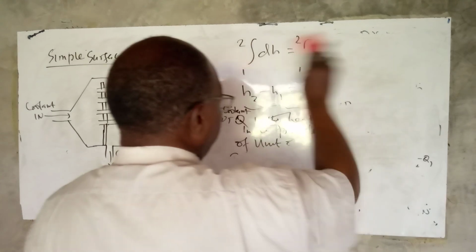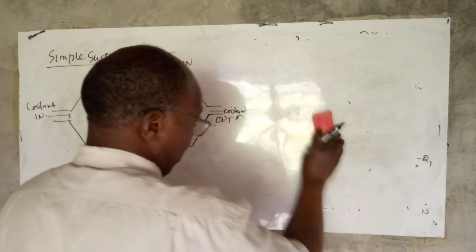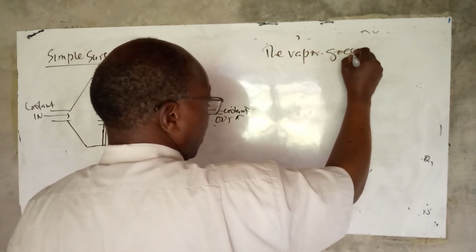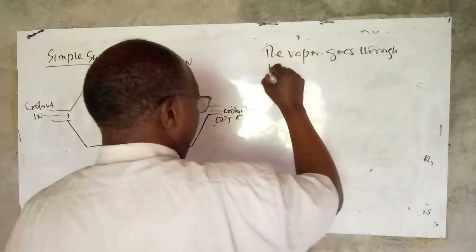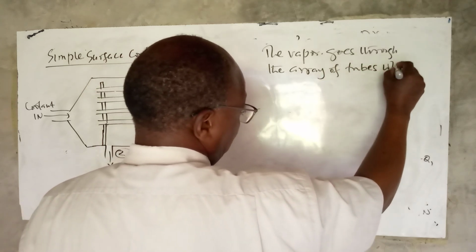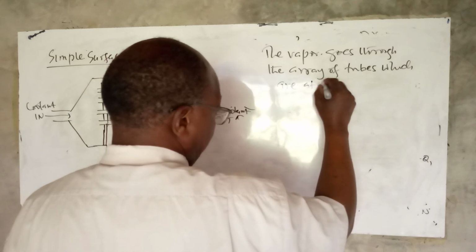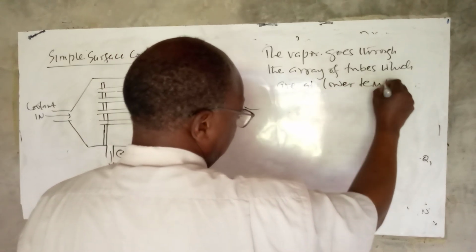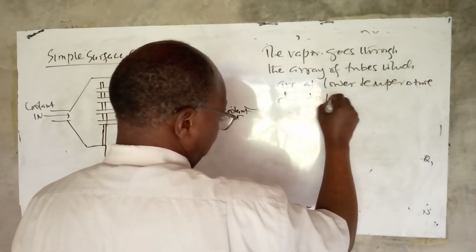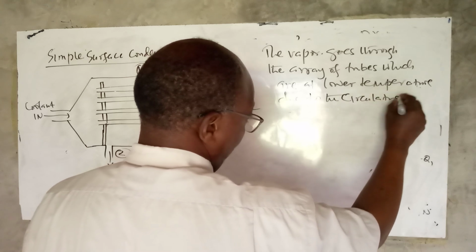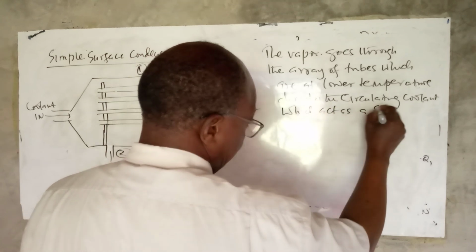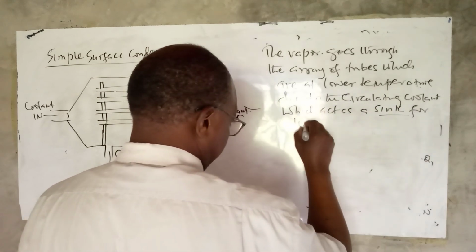So let's just note that the vapor goes through the array of tubes which are at a lower temperature due to the circulating coolant, which acts as a sink for the heat.